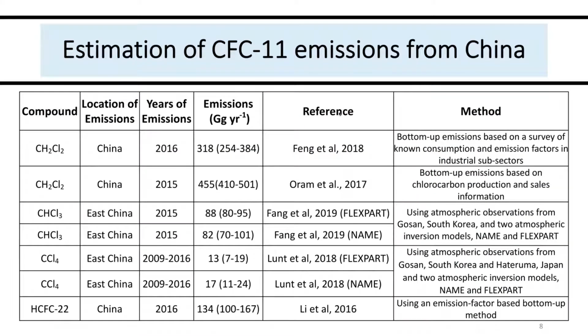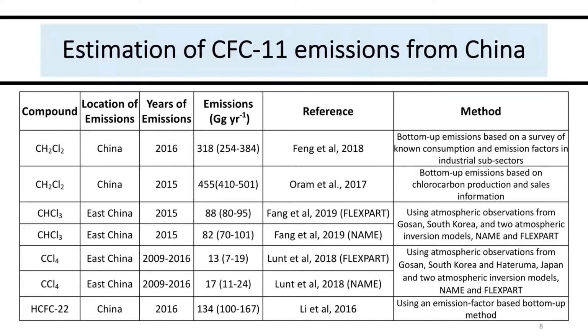We ended up with 7 different emission estimates: 2 for dichloromethane from 2 different studies, 2 for chloroform, both from the same study, 2 for carbon tetrachloride, also both from the same study, and then 1 for HCFC22.